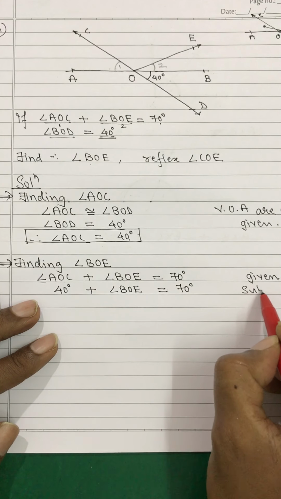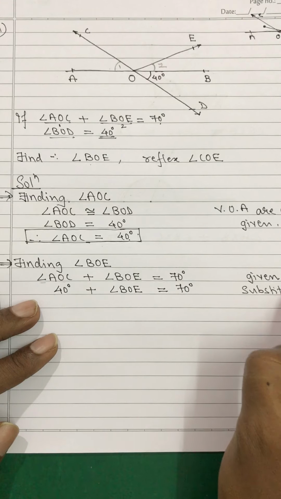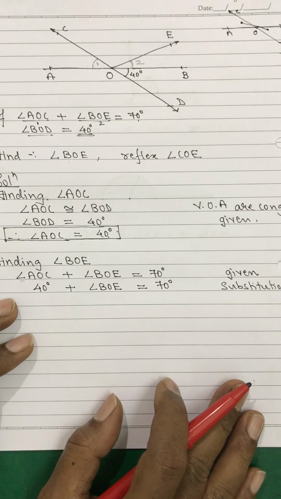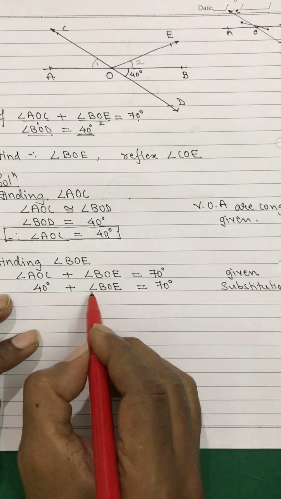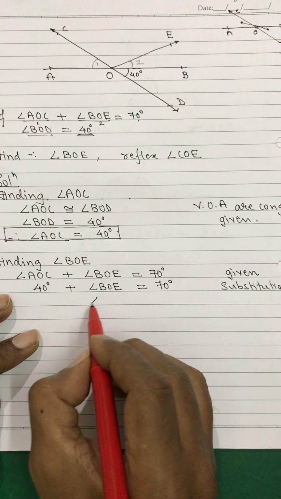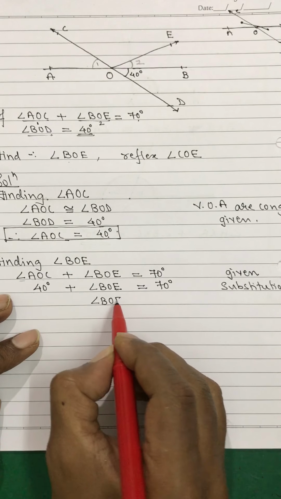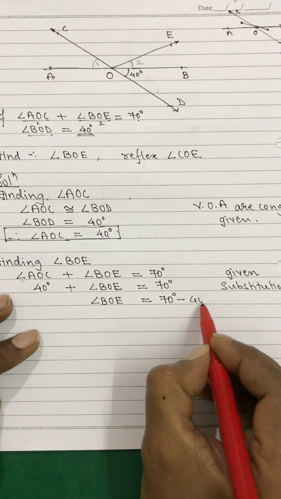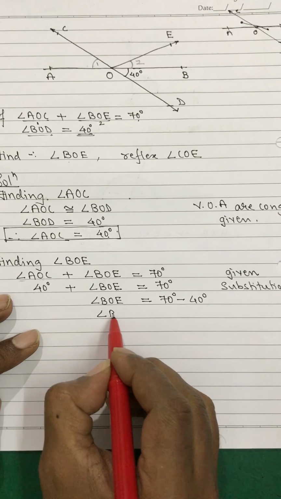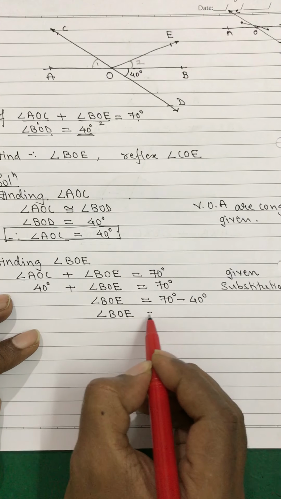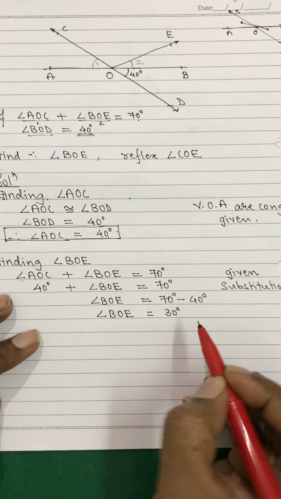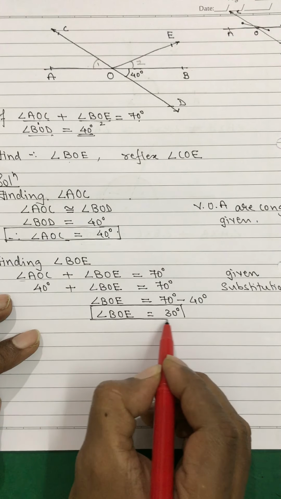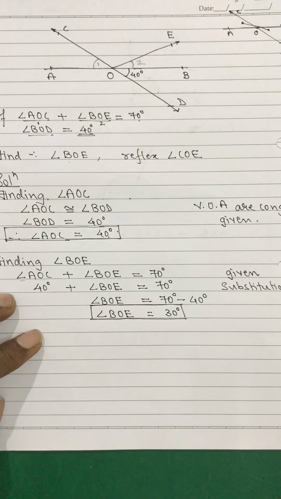Now here you can write substitution. You have substituted that. Okay. Now to find angle BOE, you will shift this 40 degree on the other side. Angle BOE is equal to 70 degree minus 40 degree, angle BOE is 30 degree. So like this you have found angle BOE. Fine. The angle BOE is over.